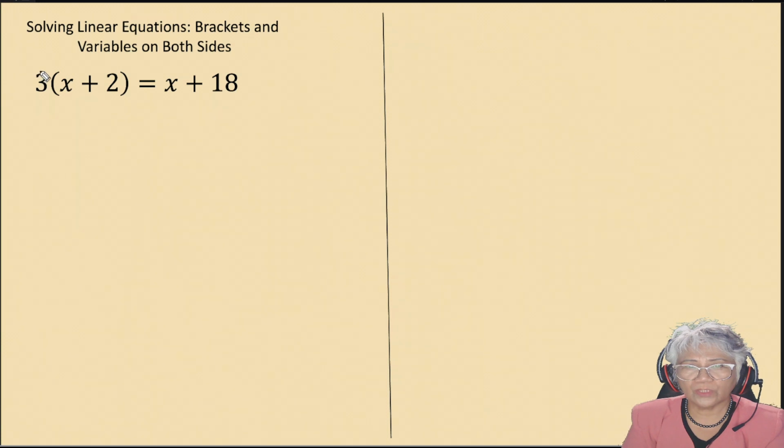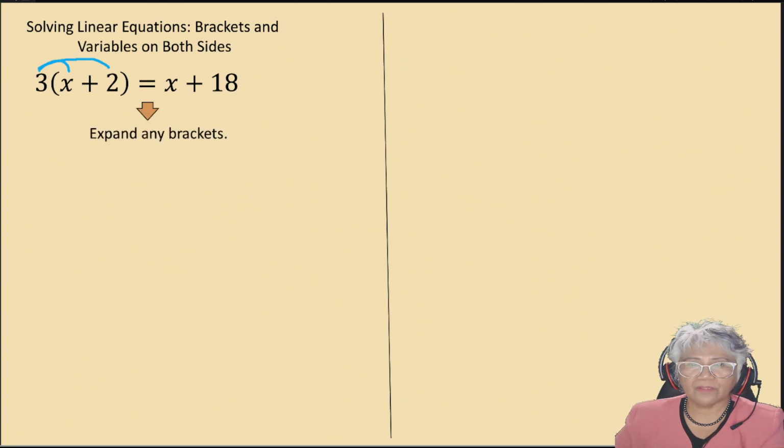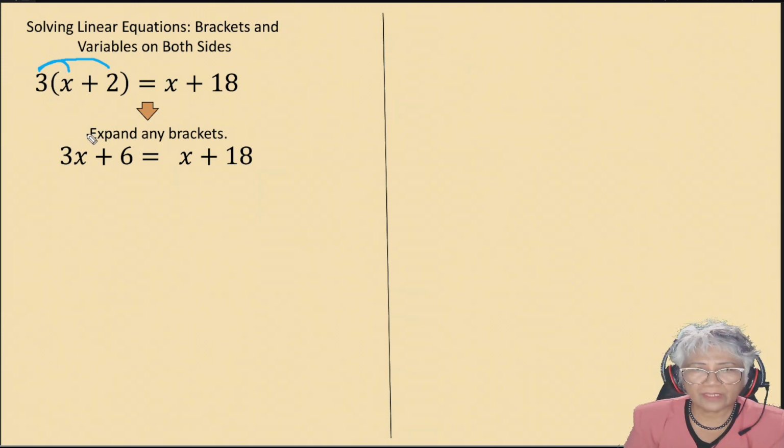So we will go this multiplied with that and that. Okay, so we have here 3 times x is 3x, and 3 times 2 is 6. So you have expand the brackets, and so you have 3x plus 6 equals, this one would be the same.